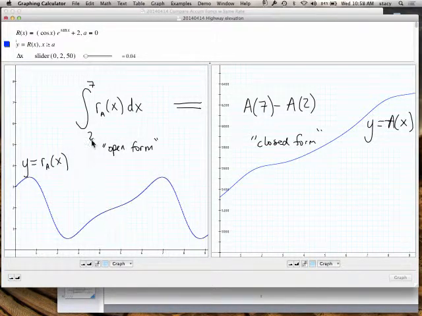rather than being fixed from 2 to 7 miles, if I wanted to start at the coastline and keep track of my change in elevation, where would I start? Start at 0. And then I want to keep track of my elevation at any distance, so I'm going to call that x. Then what should I put inside of my integral?